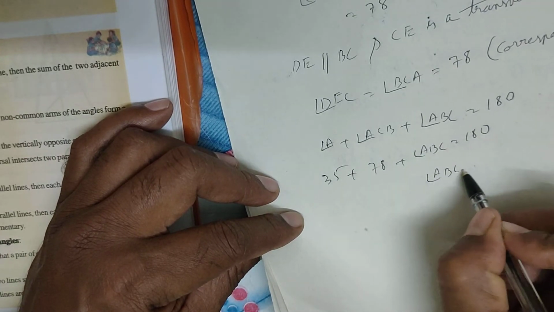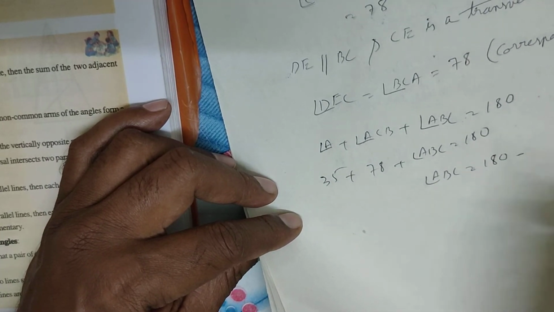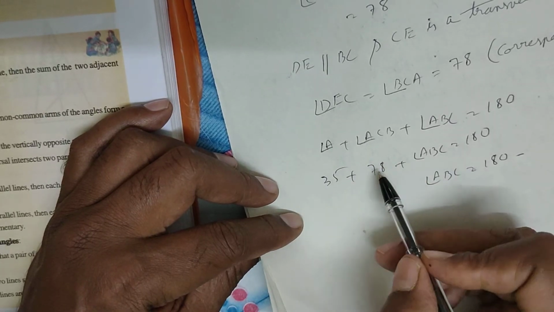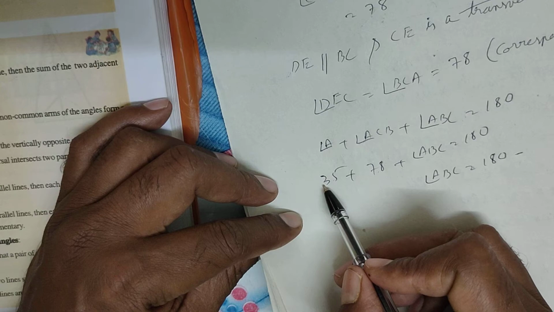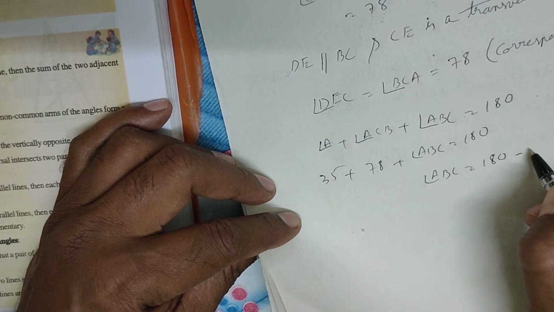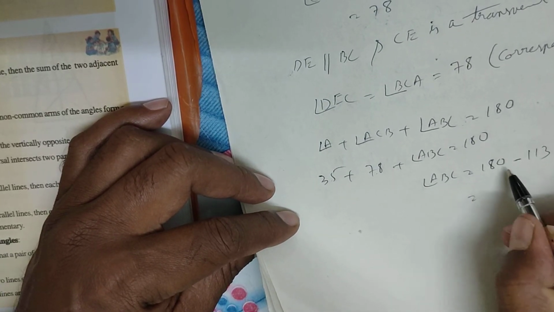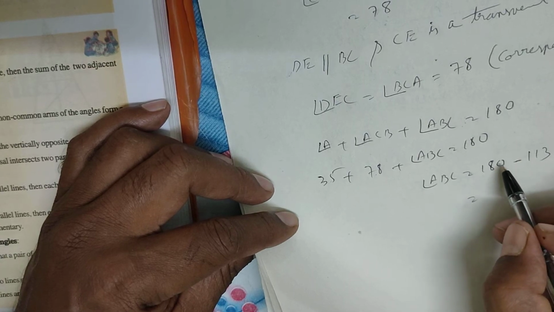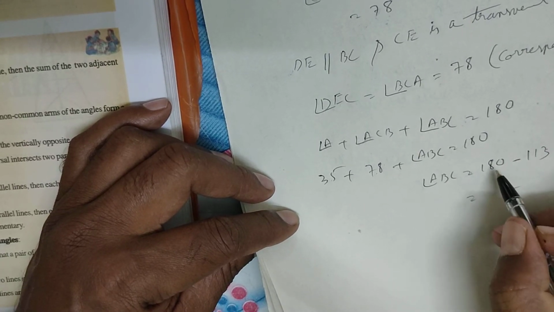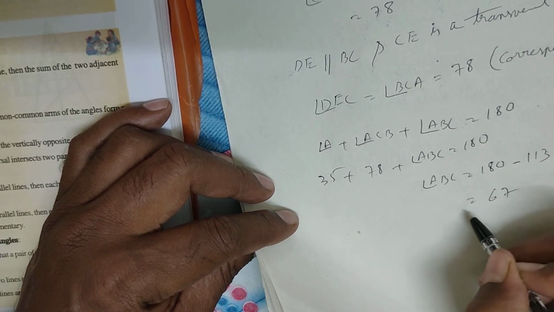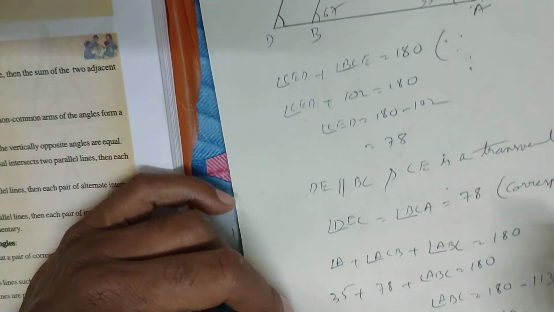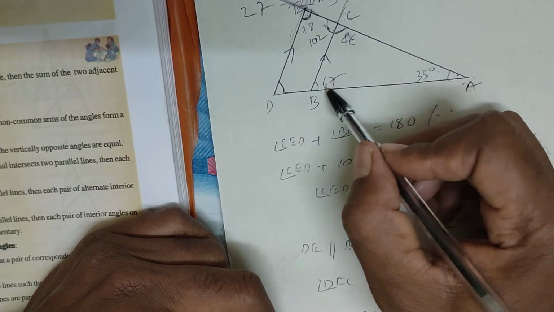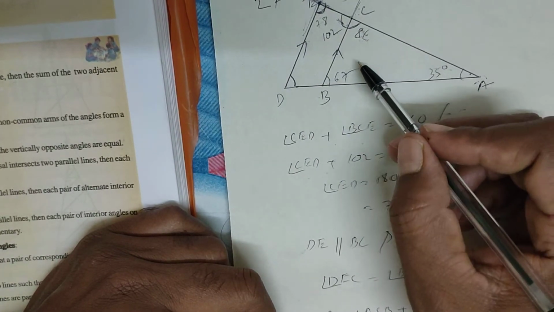Angle ABC becomes 180 minus these two added. 78 plus 35 is 113. If you subtract, 180 minus 113 is 67. So you got this angle as 67, because the sum of these three angles is 180 degrees.